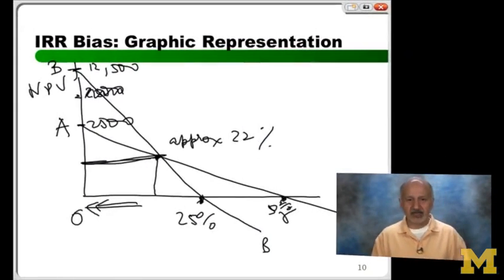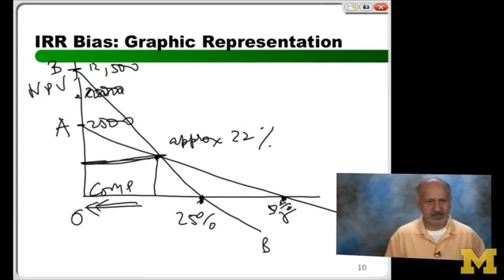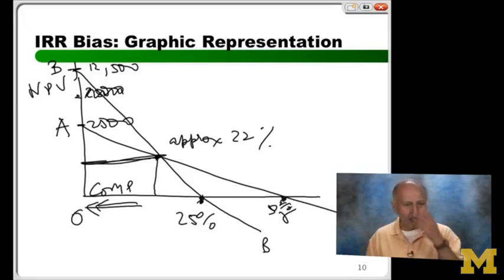Whereas the answer depends. So suppose the discount rates are less than 22%. So you're in this region, meaning the competition is somewhere here. People are earning no more than 22%. Now let me ask you this, how likely is that? Highly likely. This whole notion that you can easily make a lot of rate of return is actually wrong.